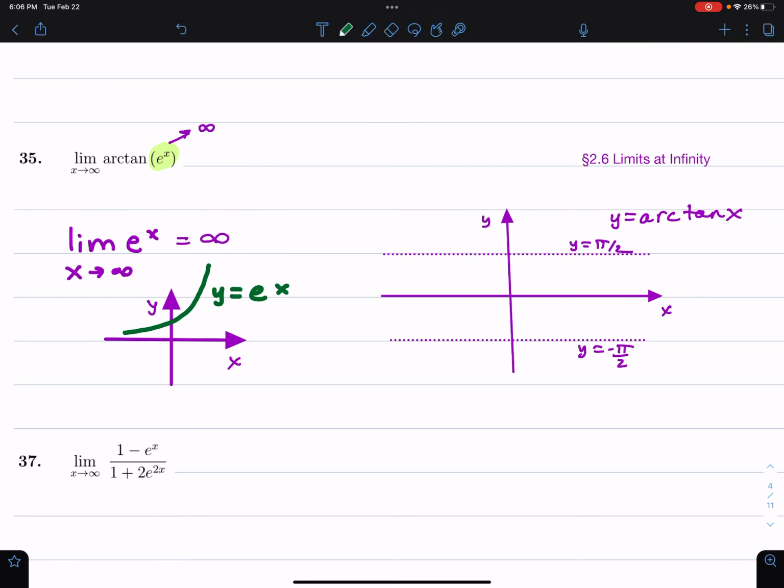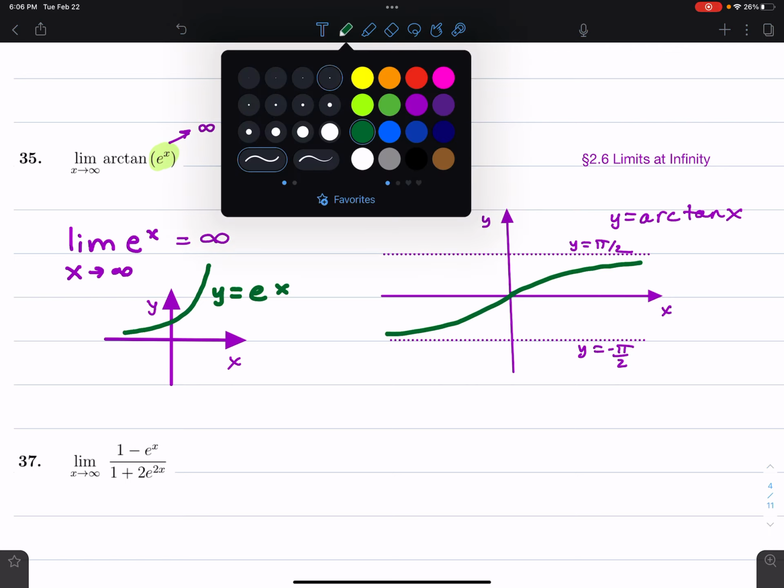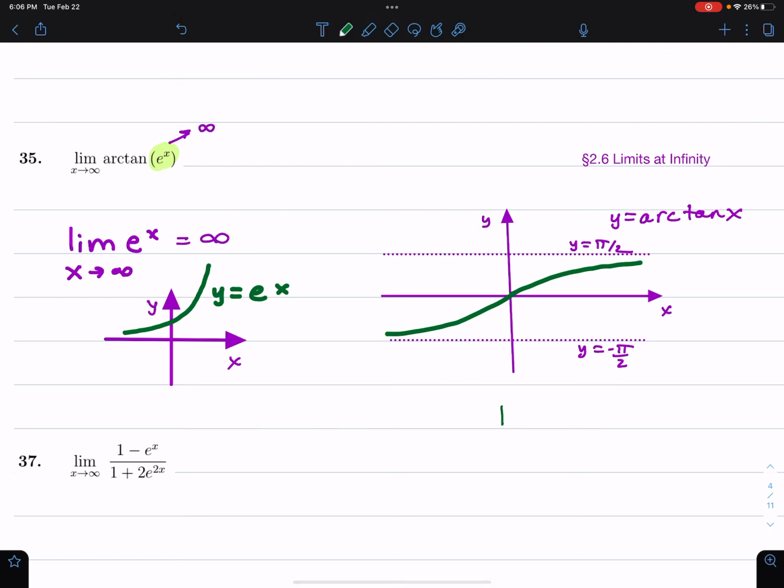If you have the graph sitting in front of you, this becomes easier, because what I'm saying from the graph is that the limit of arctan x as x goes to infinity is equal to what? Well, it's equal to the value of this horizontal asymptote, which is pi over 2.